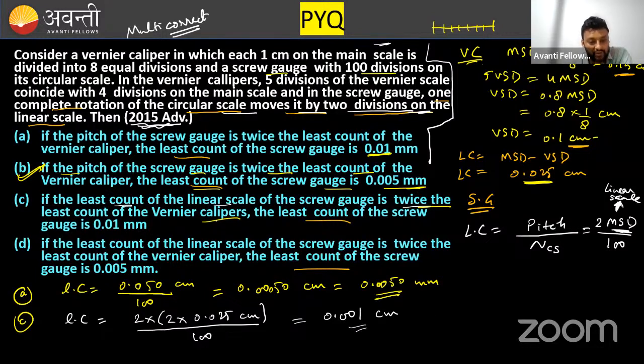It is in centimeter, but option is in mm, so that will be 0.01 mm. दैट मीन्स हमारा सी ऑप्शन सही है.